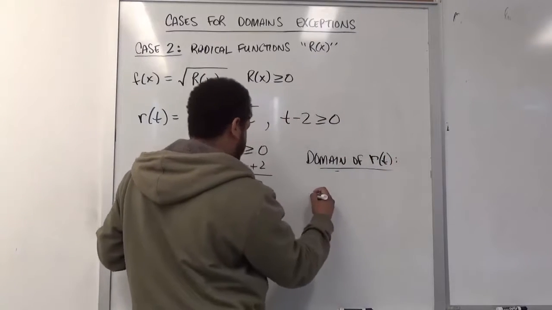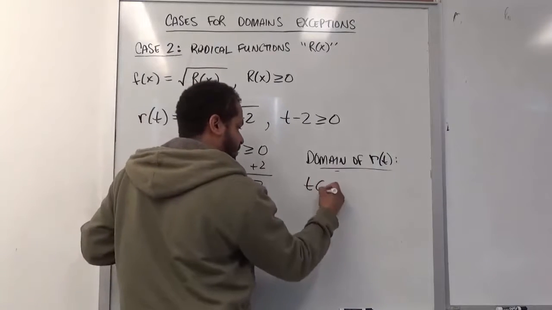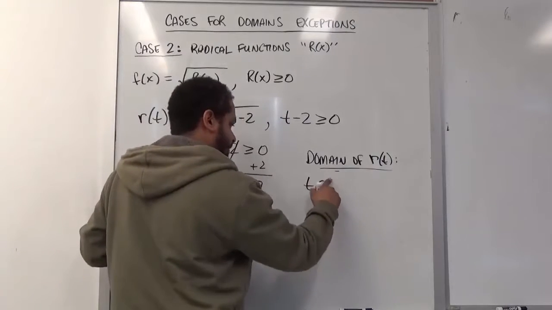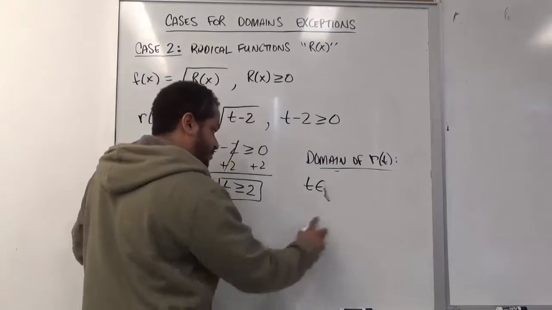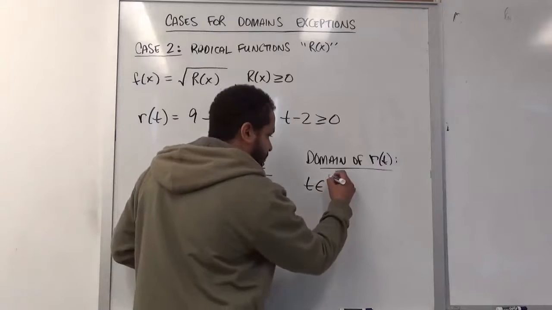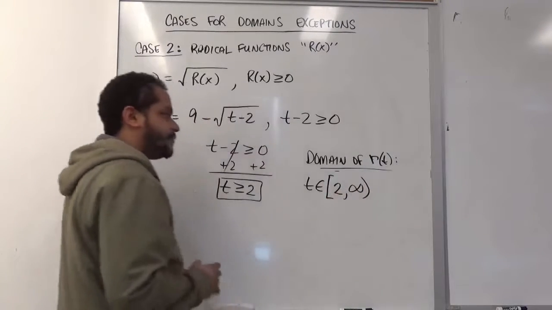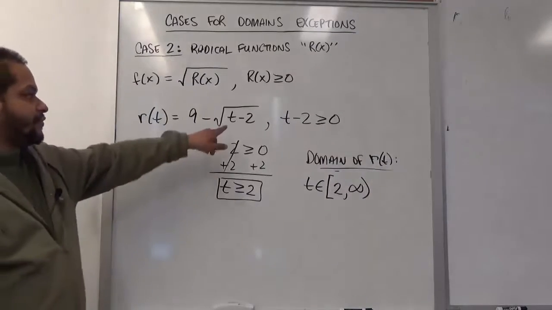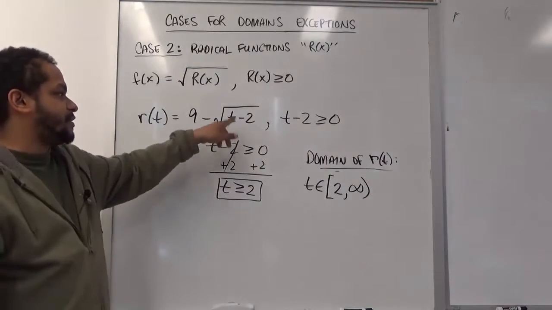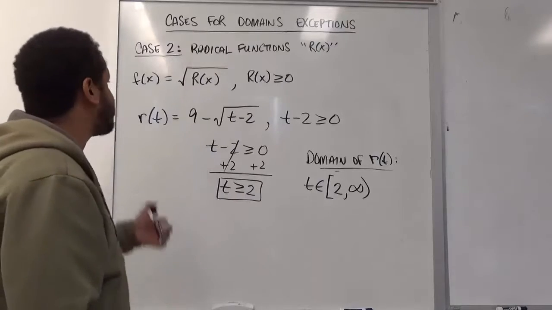Domain of the r of t would be based on the t variable. So t belongs to, and in this case we're not going to use an open parenthesis because open parentheses exclude a value. Here we're including the 2, so we're going to use a bracket. We put 2 to the value of infinity. And this is the domain of the square root expression of 9 take away the square root of t minus 2. We have 2 to infinity. All right, and this covers case 2.